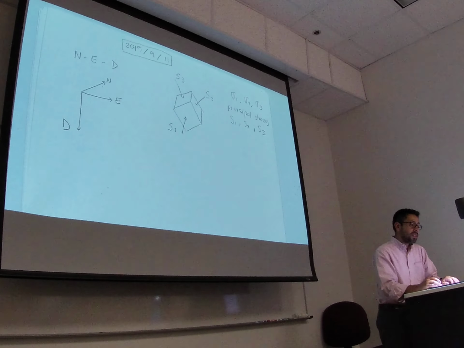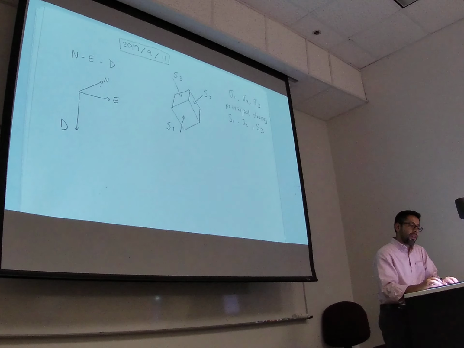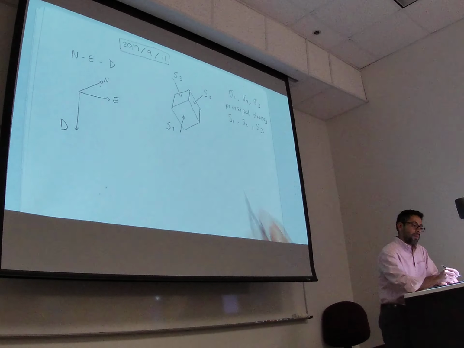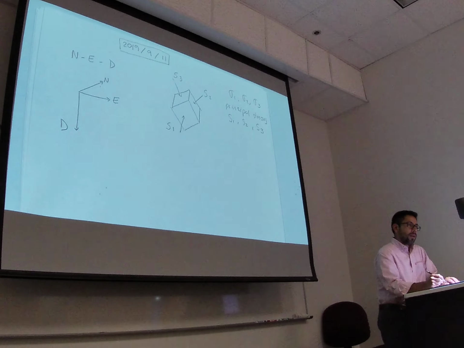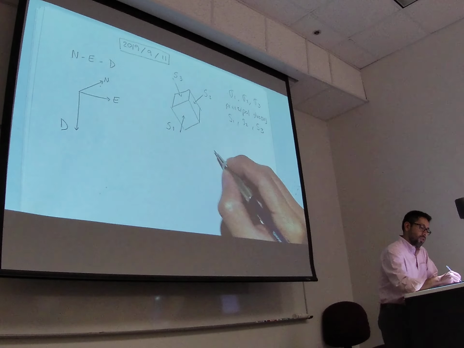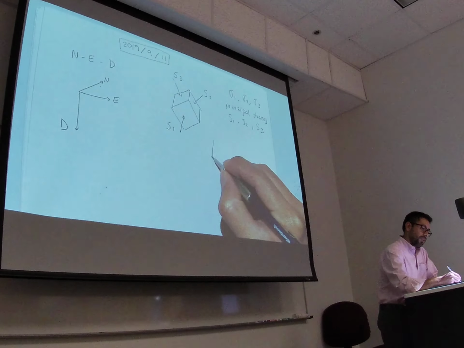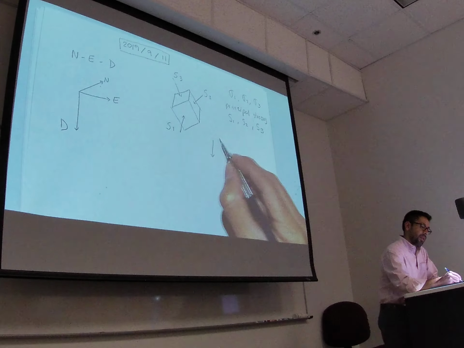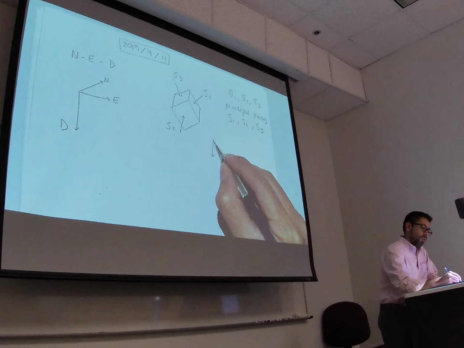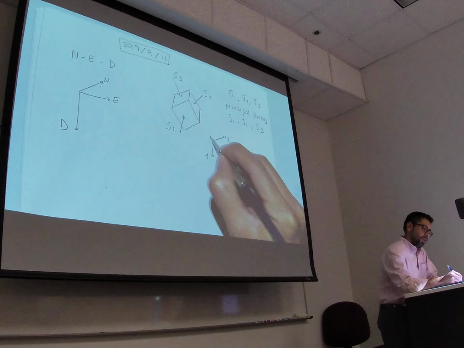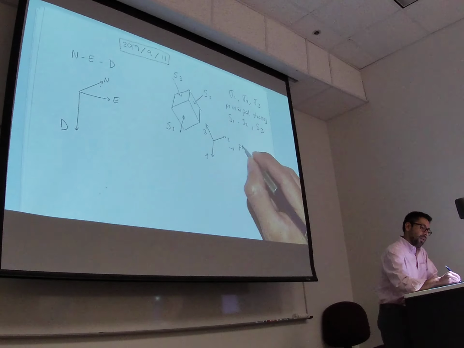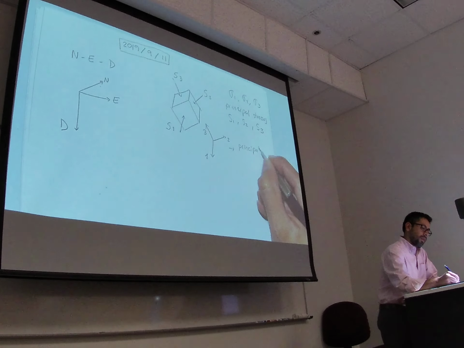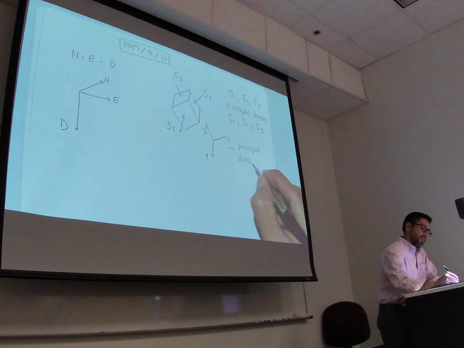And the principal directions are not aligned with the directions of the coordinate system. In the direction of the principal direction, which in this case is going to be the direction of these principal stresses, 1, 2, and 3, these are going to be the principal directions.